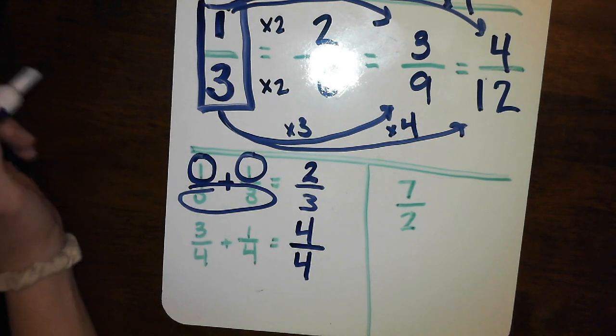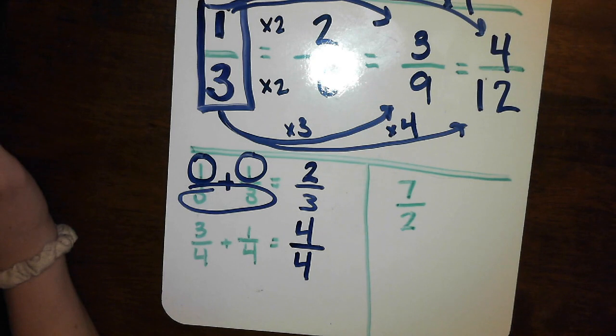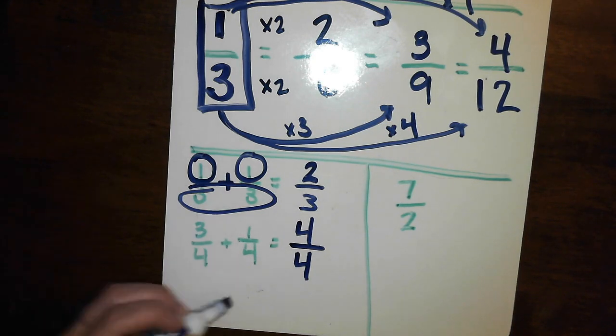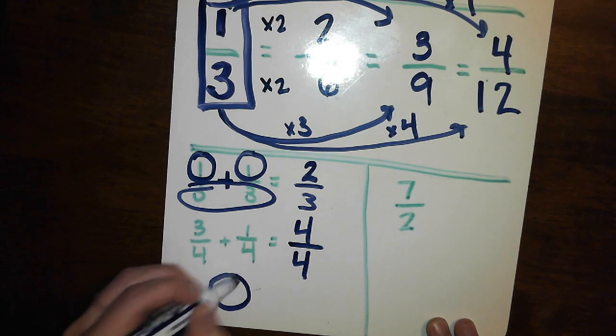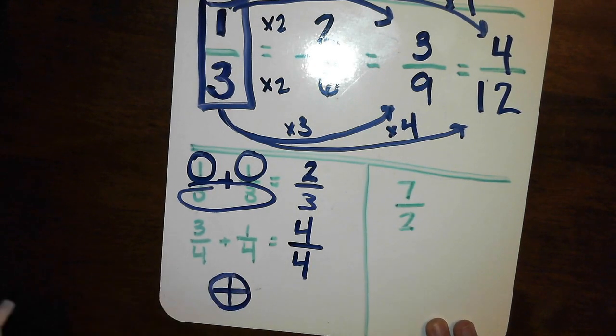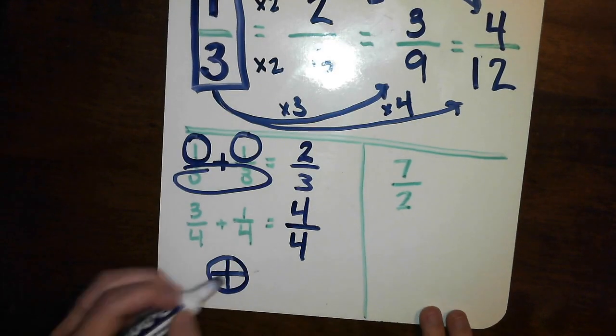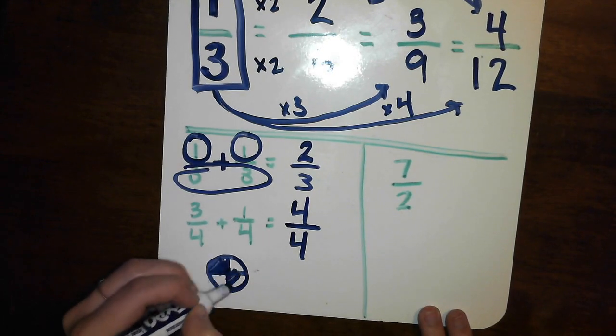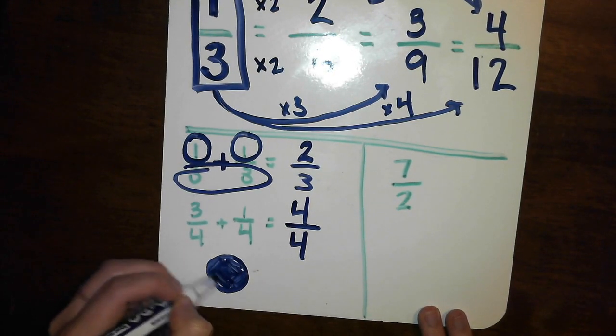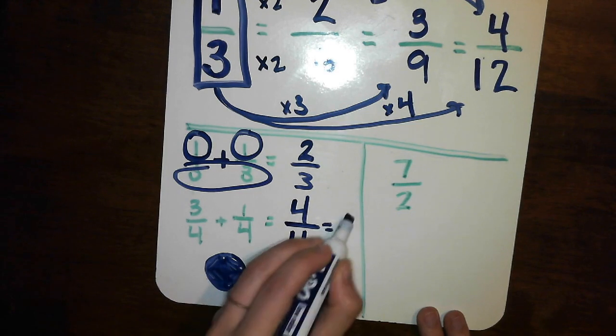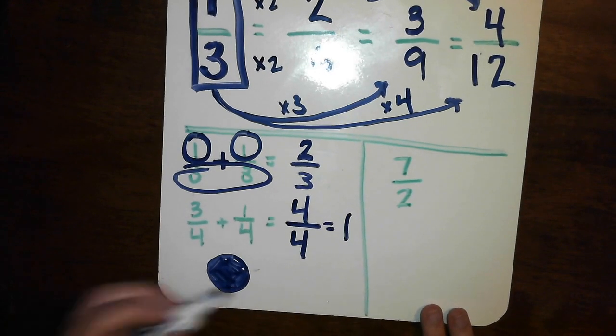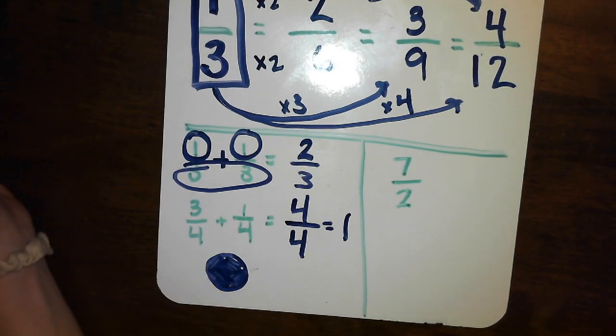Now, when we're thinking about fractions, we have to make sure they're in their final form. So when you look at 4/4, think about it. If you have 4 total pieces, that's your whole, and you have all 4 of them, you really have one whole. Another way you could do that is fractions are really just a division problem.